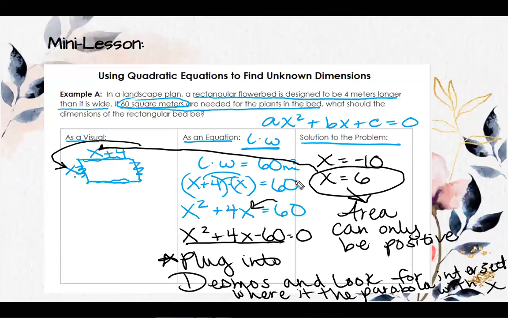Okay, look up here now and plug in 6 and then 6 plus 4, which is what? So 6 and then I have 10. What's 6 times 10? 60. Do you see that as your area? So you know you're right.